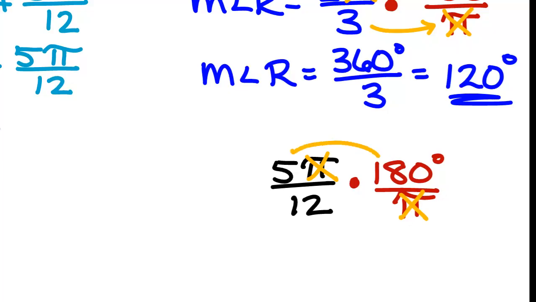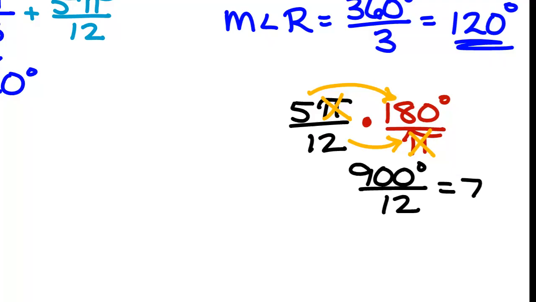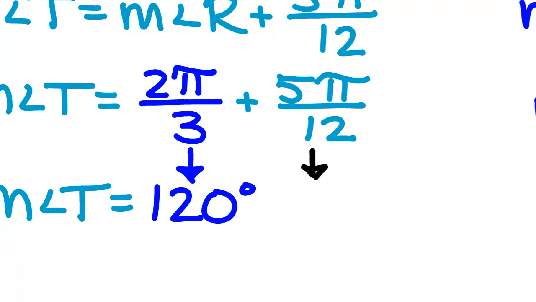And then I multiply numerator to numerator, denominator to denominator. What is 5 times 180? 900. So I have 900 degrees over 12. What is 900 divided by 12? 75. So this 5 pi over 12 is the same thing as 75 degrees.